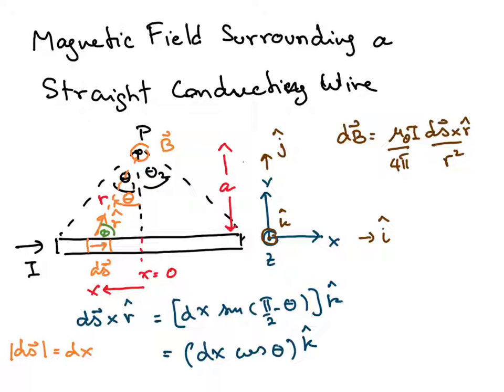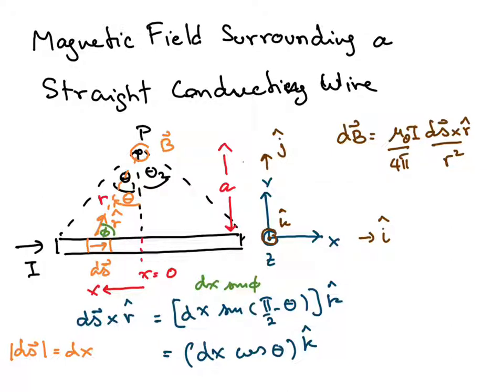We may write this as φ. So we must have that the magnitude of ds cross r is dx sin φ, right?